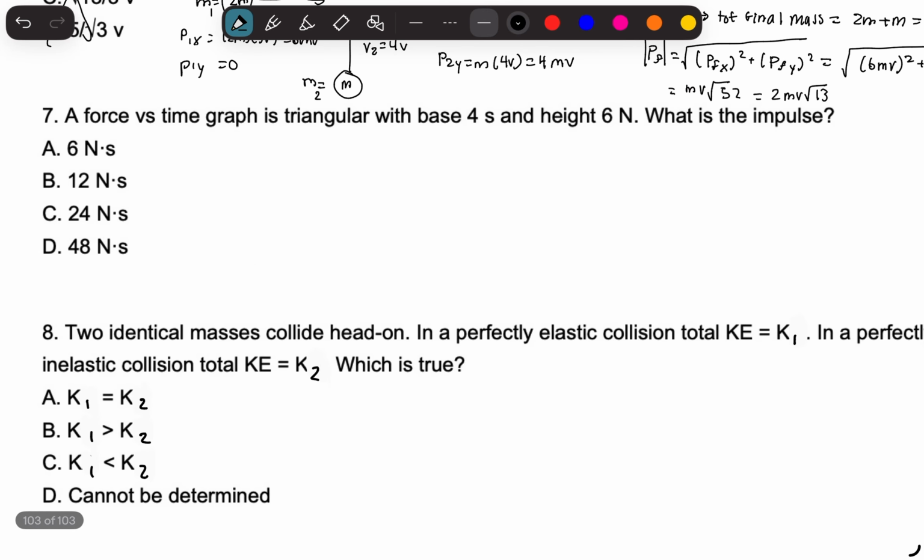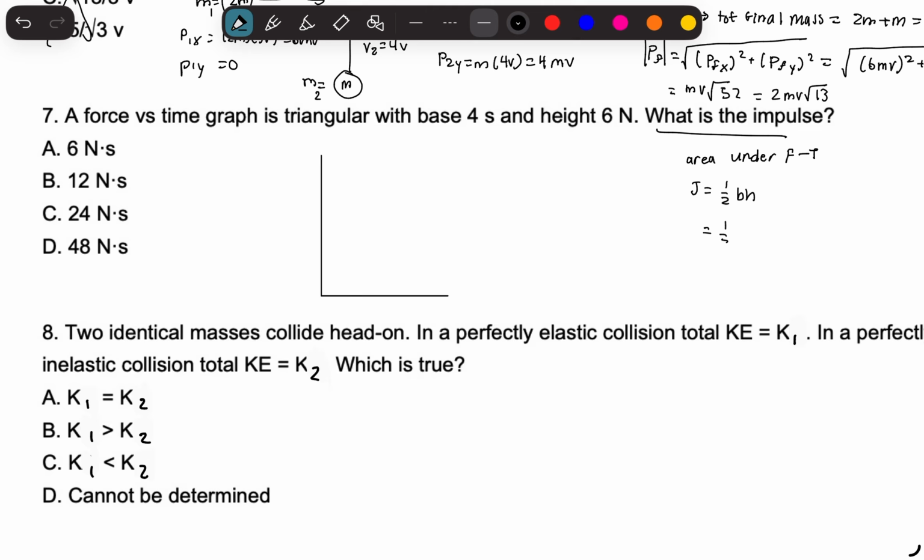Now, a force versus time graph is triangular with a base of 4 seconds and a height of 6 newtons. What is the impulse? So your impulse is going to be the area under your force time graph. So for impulse, that's equal to 1/2 the base times the height.